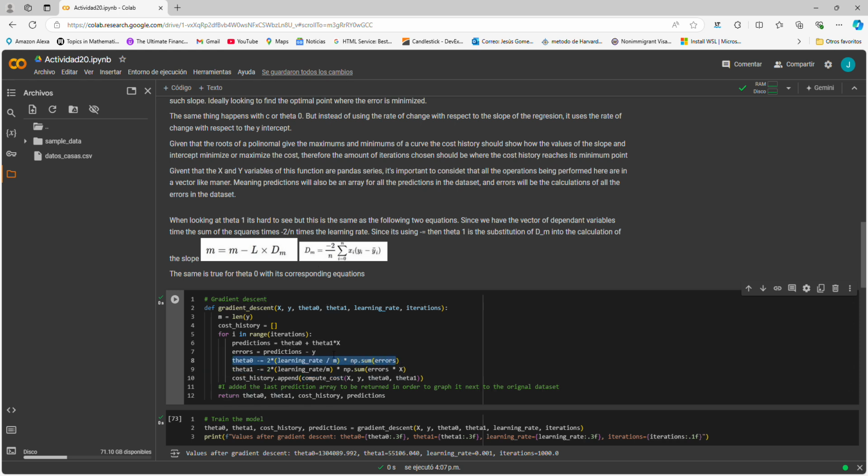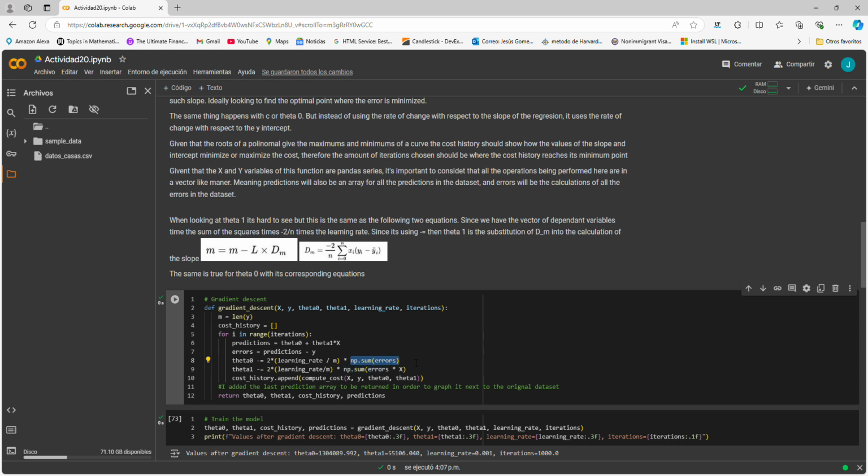Another important thing to consider in this function is that x and y are both pandas series in the way that we're using them. So this prediction and these errors are both vector calculations. So these are whole arrays, and that's why we're able to use np.sum right here.